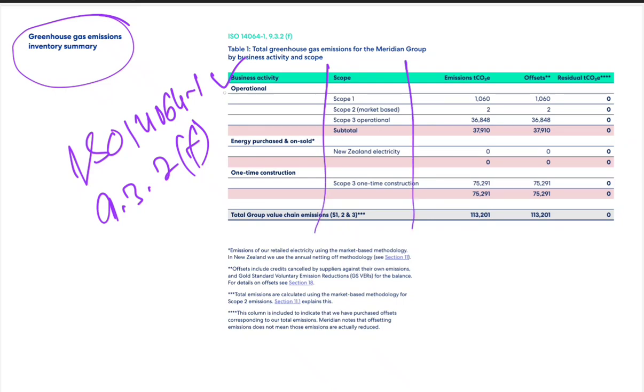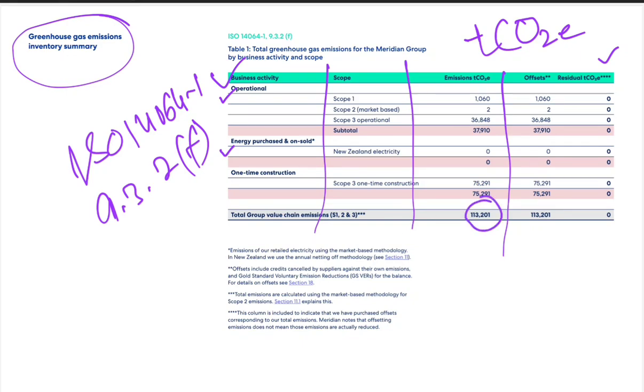In the business activity, operational side, energy purchased and sold, and one-time construction, these are the activities, and then emission in tons CO2 equivalents. And the offsets, these are the information, and residual tons of CO2 equivalents, it's covered here actually. So total group value chain emissions, scope 1, 2, 3 all given here in total.